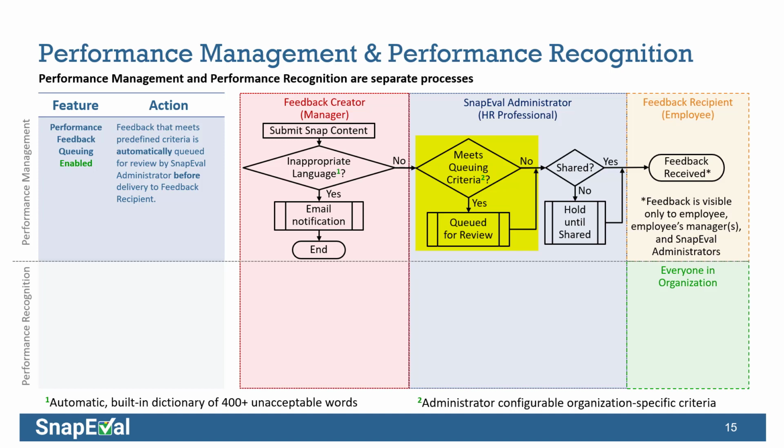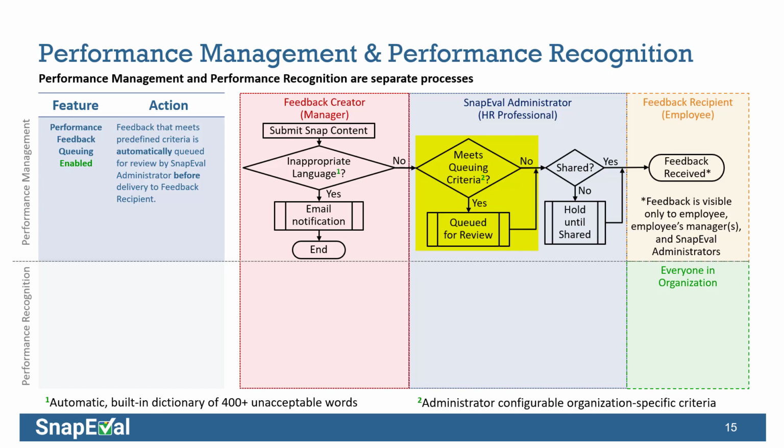These are, again, words that you might be concerned about because you hear them around your office. Other examples are based on who is the originator or the creator of the snap, who is the recipient of the snap. And there's a whole lot of other criteria as well that you can specify. And if it meets one or more of those criteria, a snap will be queued for your review automatically. So this really puts you in front of the whole issue as it relates to feedback being shared with employees, especially peer-to-peer feedback.